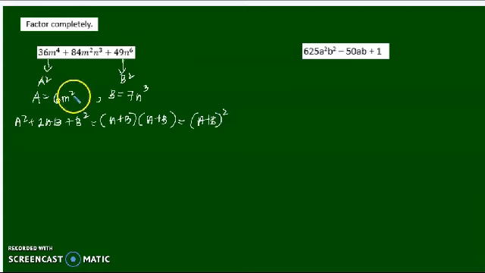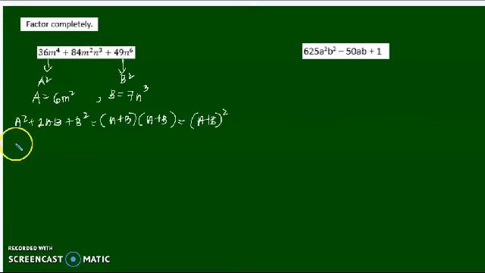But first, let's check if the middle term is equal to twice the product of a and b. So 6m squared times 7n cubed is equal to 42m squared n cubed, times 2, which is equal to 84m squared n cubed.